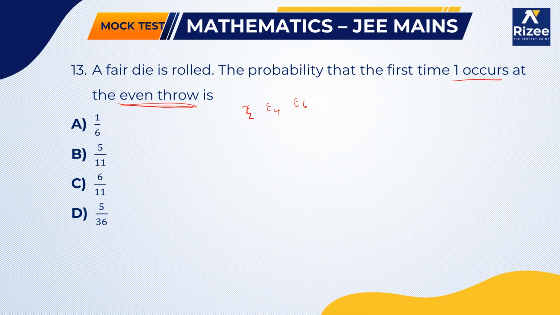What is it saying? First 1 occurs at an even throw. The probability of E1 is 1 by 6. The probability of getting 1 is 1 by 6. The probability of not getting 1 is 1 minus 1 by 6, which is equal to 5 by 6. So therefore, what is the probability?